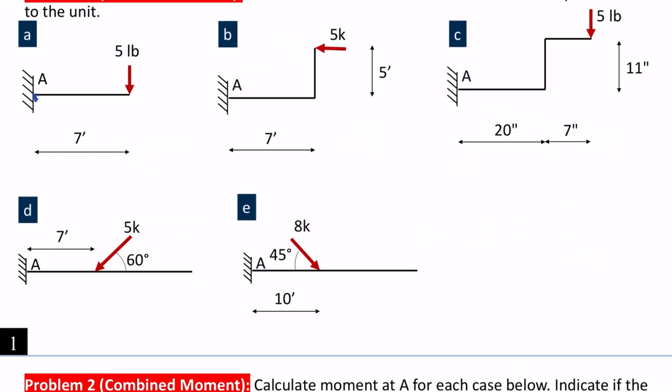Now let's check question D over here. This one is not a straight line. It has an angle, so we need to do additional calculation with this one. First, you need to know the perpendicular distance from the rotation point A to the force. If you select from here to here, that is not perpendicular.